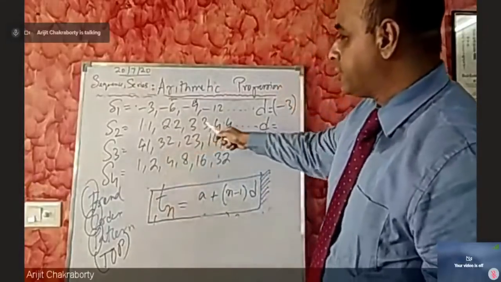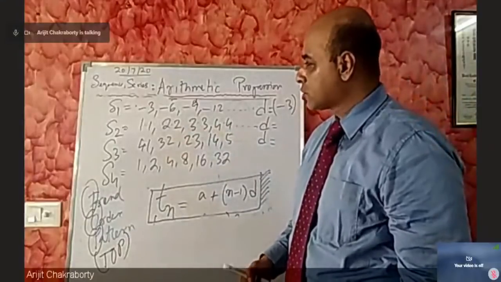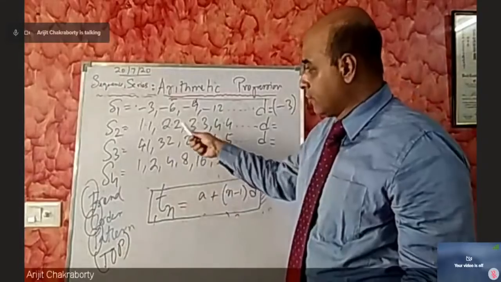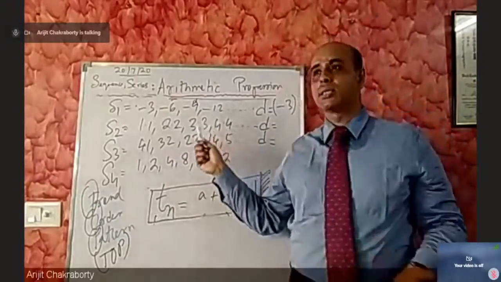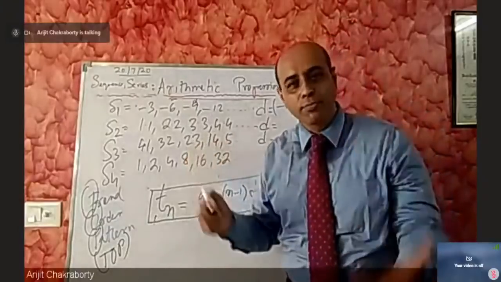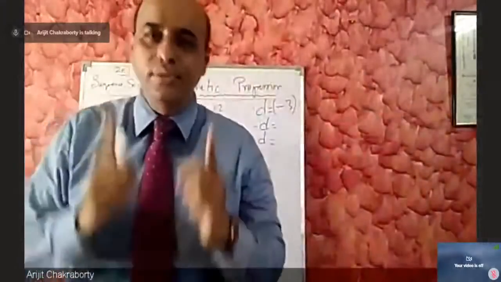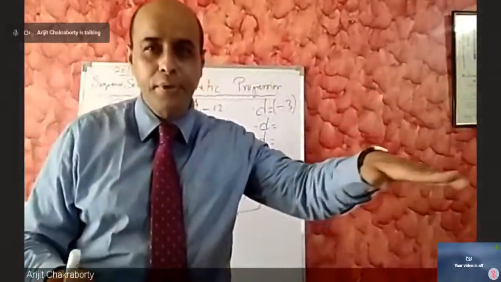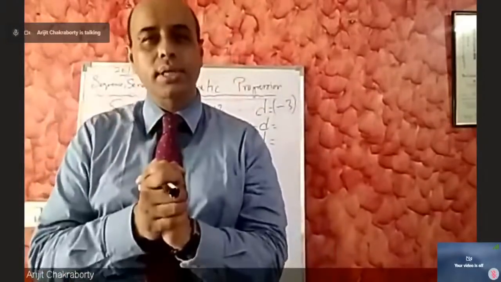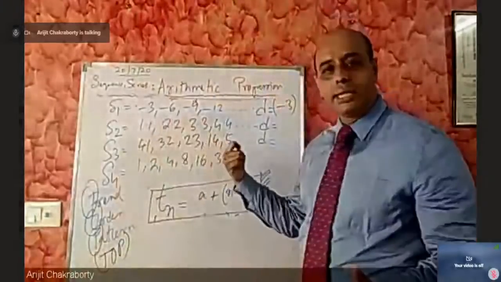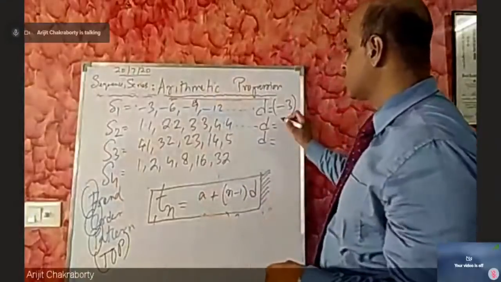So, the difference: 2.2 minus 1.1 is how much? 1.1. 3.3 minus 2.2 is how much? 1.1. 4.4 minus 3.3 is how much? Again 1.1. So the difference is the same. Okay? The difference is uniform. The difference is constant. Therefore, this is also an arithmetic sequence, and here the common difference is 1.1.